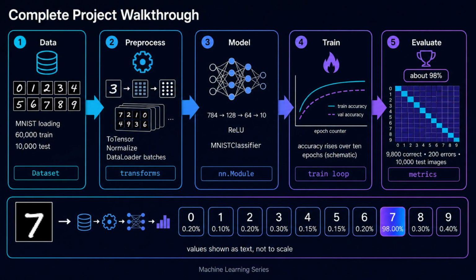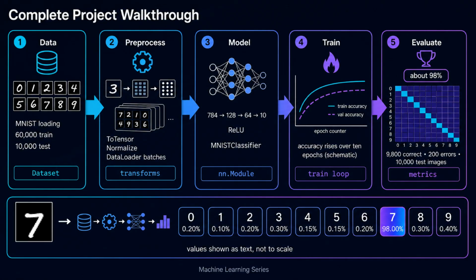Let us now see the entire project workflow from start to finish. We begin by loading and preprocessing the MNIST data with appropriate transforms. We define our model architecture with the layer sizes and regularization techniques we discussed. We set up the loss function, optimizer, and learning rate scheduler.